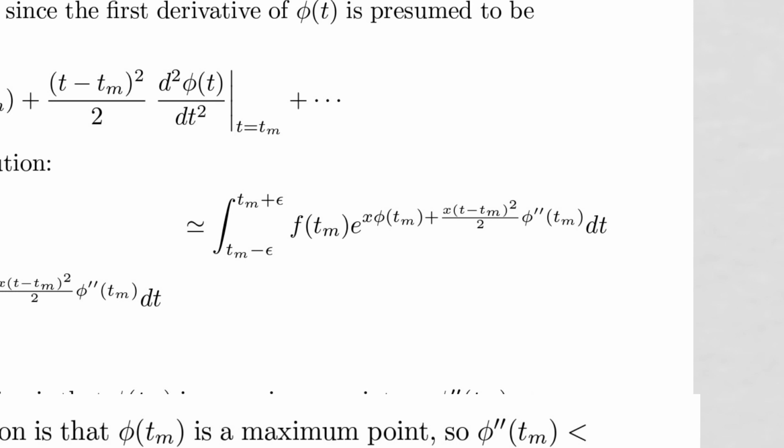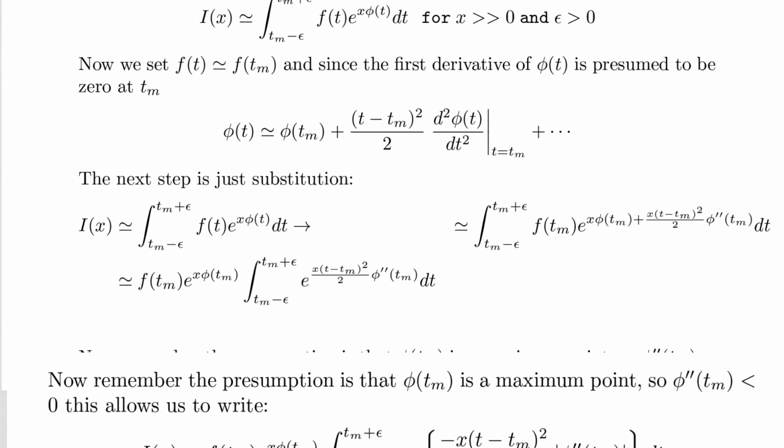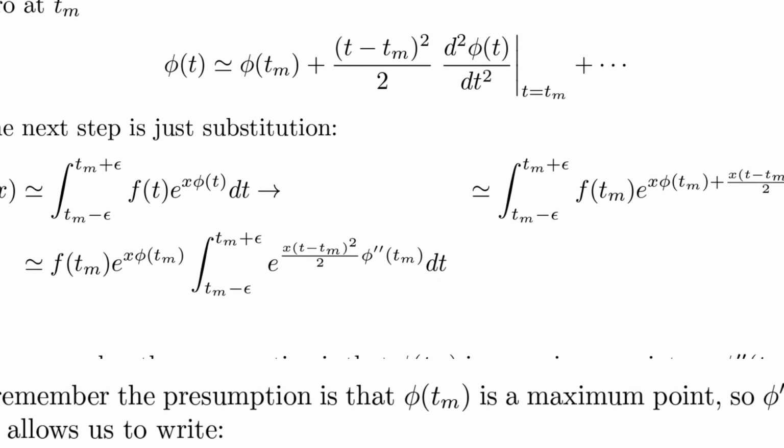And what we're going to say now is that I can pull out these two terms, the f of tm and the e to the x phi of tm. Those are no longer functions of the variable of integration. And then I'm left with this integral. It's basically Gaussian, right?